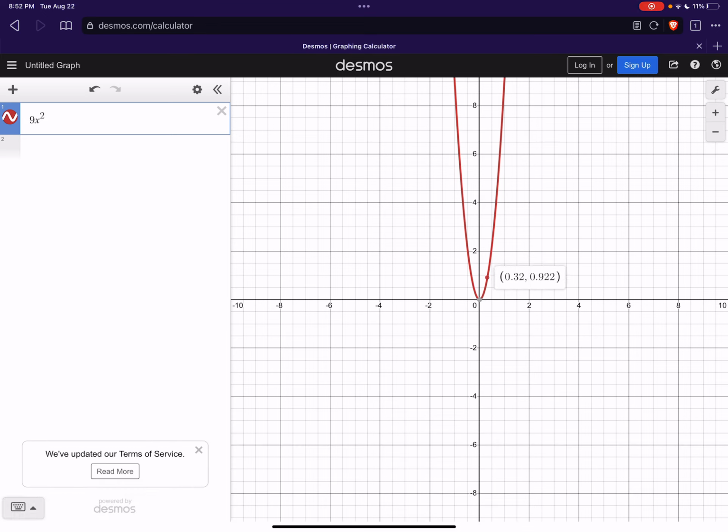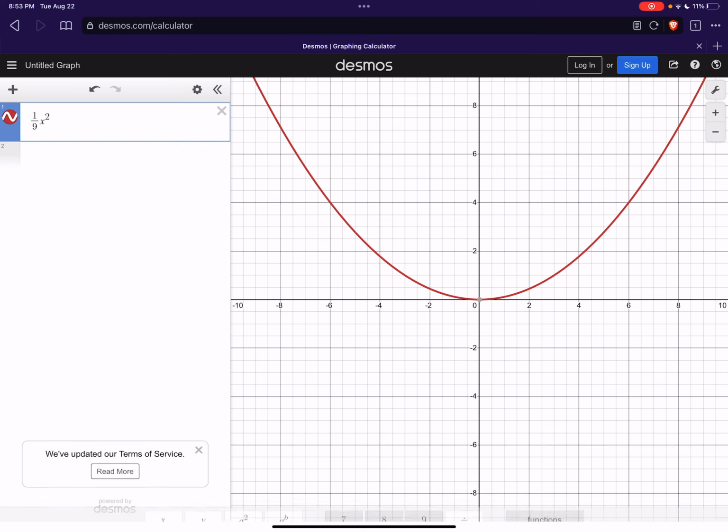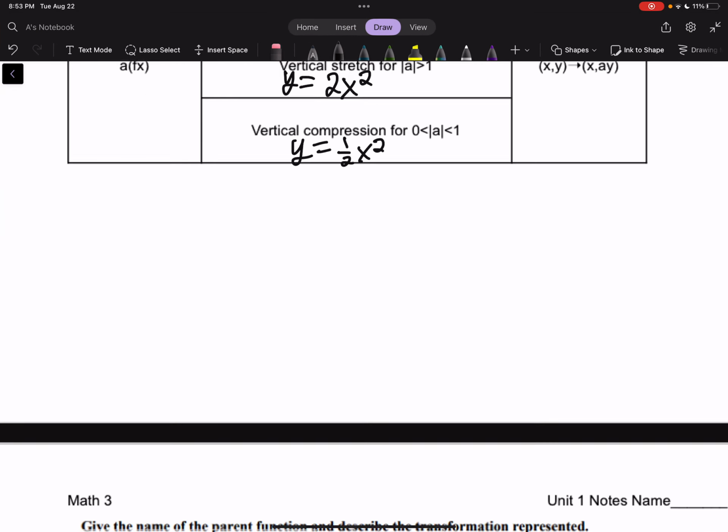If we go to our y value of 1, now it's only taking about 0.3 to get to 1. Okay? If I do 1/9, I have to go in the x value all the way to 3 to get my y value of 1. So a vertical stretch is going towards positive infinity on the y faster than the parent function, okay?